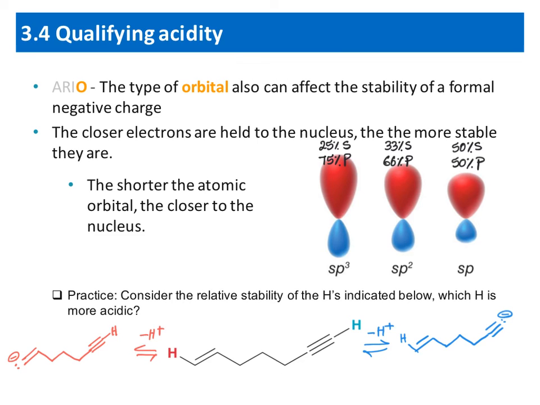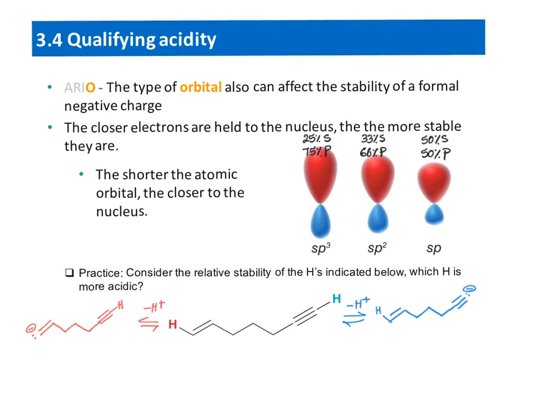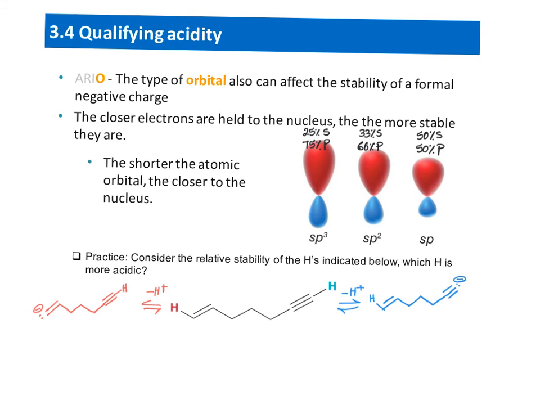Now we want to know which conjugate base is more stable. This charge, as you can see, resides in an sp2 orbital. Here we have an alkene, so this is an sp2 orbital, and on this side, the negative charge is in an sp orbital.